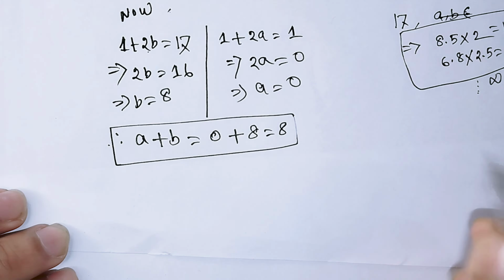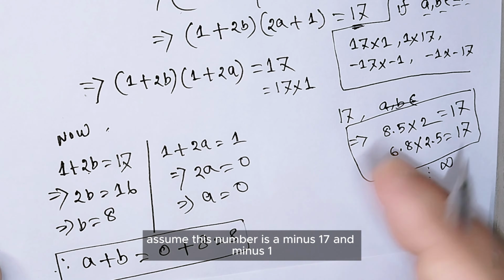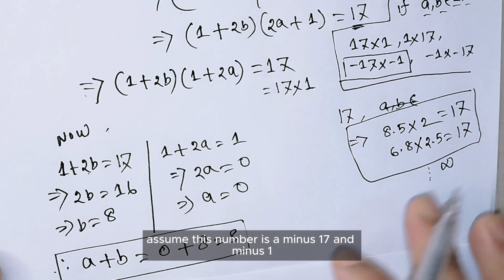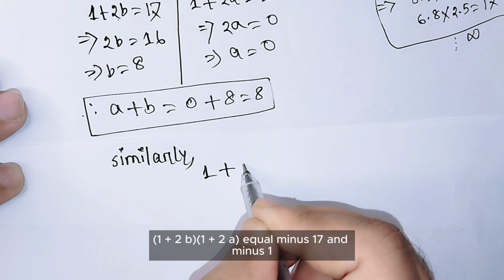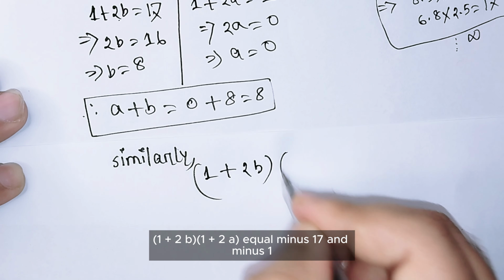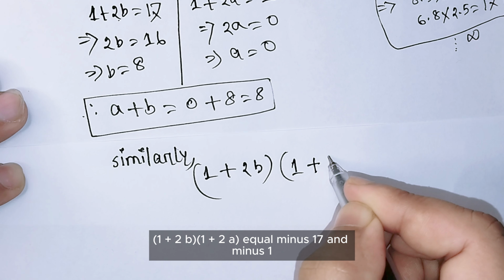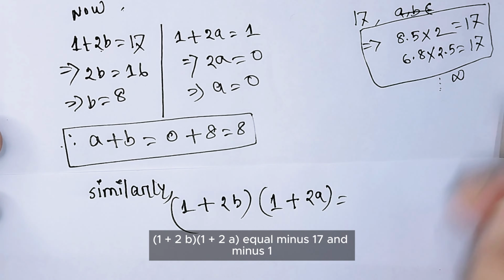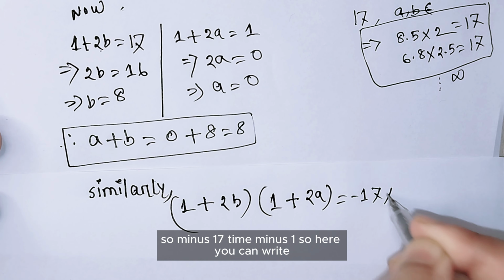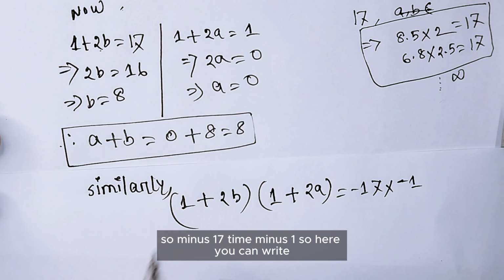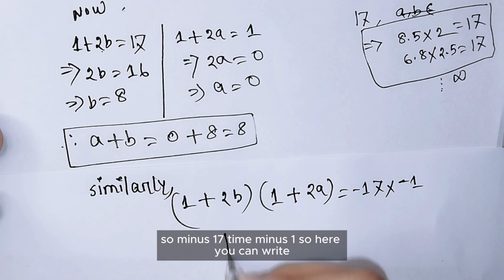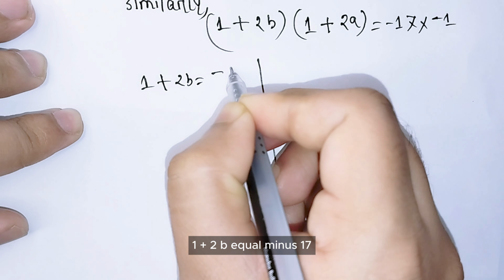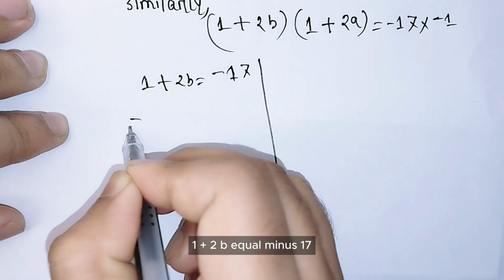Similarly, assume this number is minus 17 and minus 1, so 1 plus 2b and 1 plus 2a equal minus 17 and minus 1. So here you can write 1 plus 2b equal minus 17.